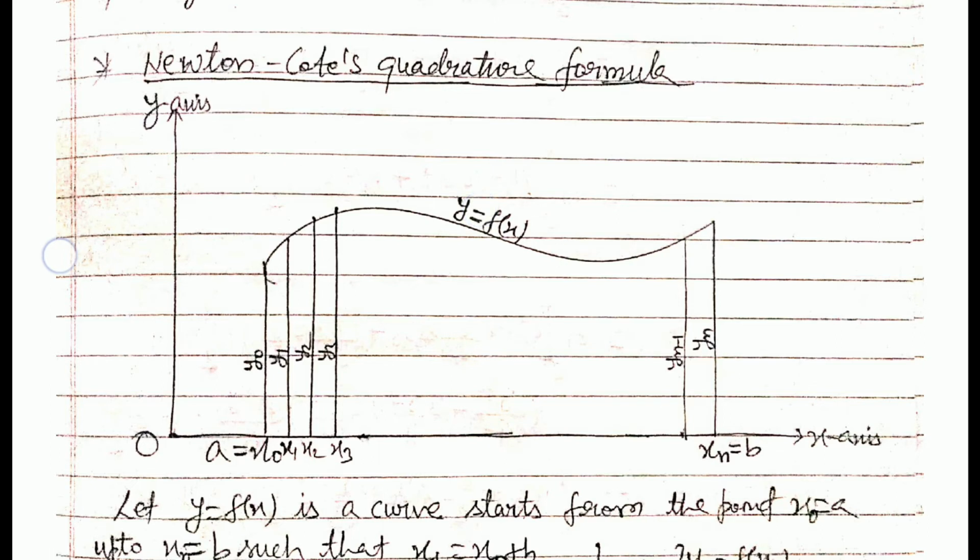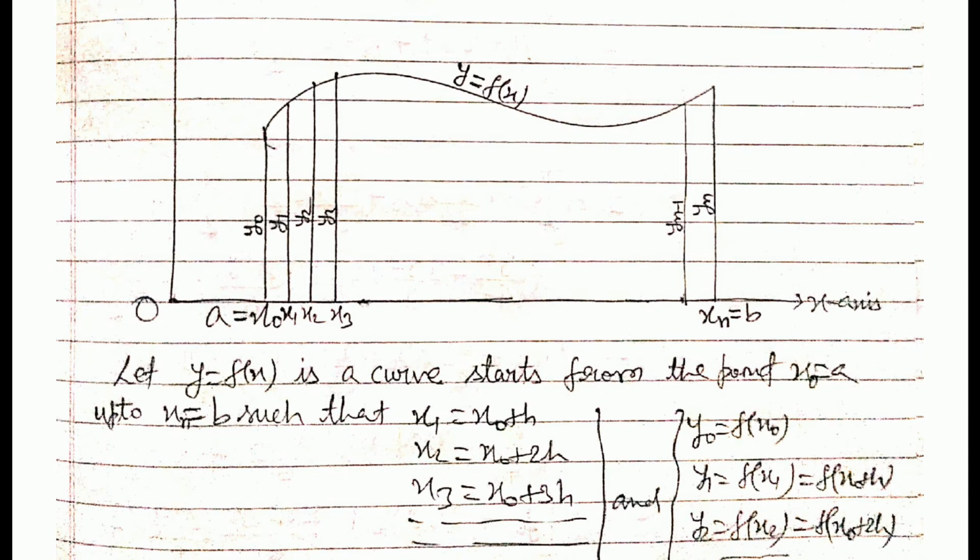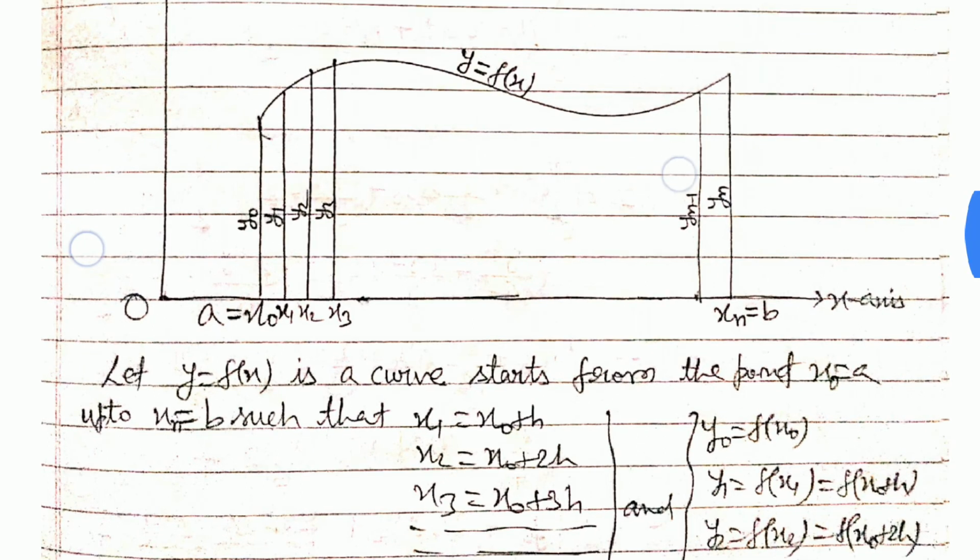Similarly y1 for x1, y2 for x2, y3 for x3, and similarly yn is equal to f of xn. So we divide the whole area into small strips of width h.